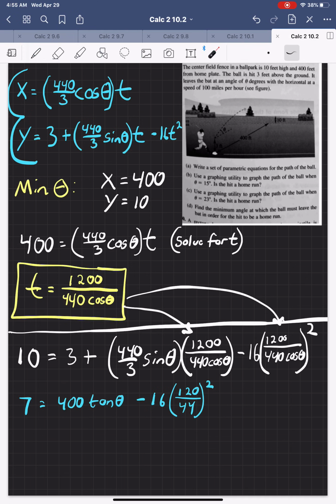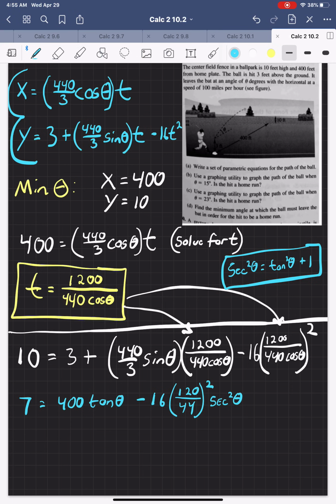Well, you have 1200 in the numerator and 440 in the denominator, so these zeros could cancel. That's where the 120 over 44 comes from. And then 1 over cosine is secant, so 1 over cosine squared is secant squared theta. Now, what is an identity for secant squared theta? Well, that's just tan squared theta plus 1.